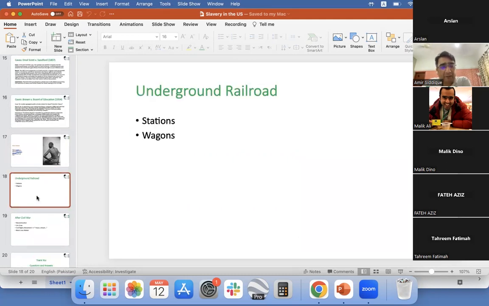There's an underground railroad. It's not an actual railroad or an underground railroad. It's the name of a passage.